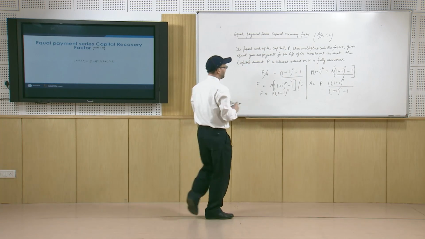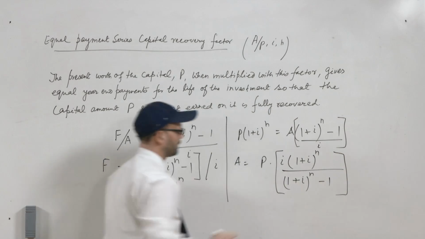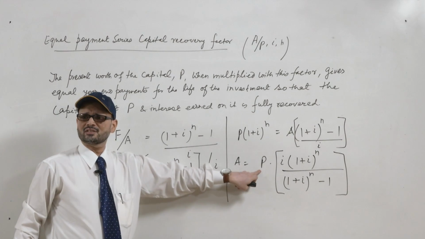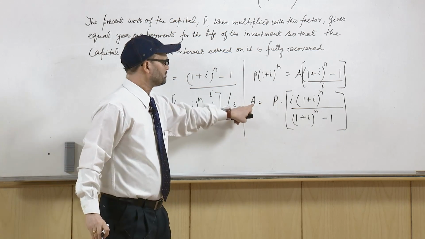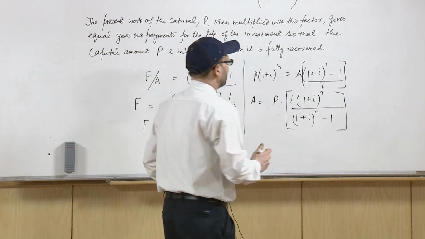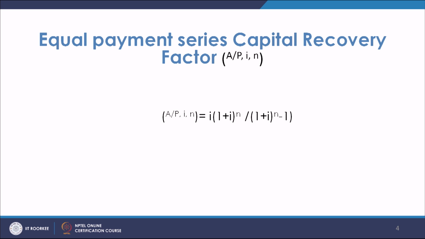Means the factor which is coming here, when multiplied with your present investment, gives you the equal year end payment, and that is why this factor is known as equal payment series capital recovery factor.